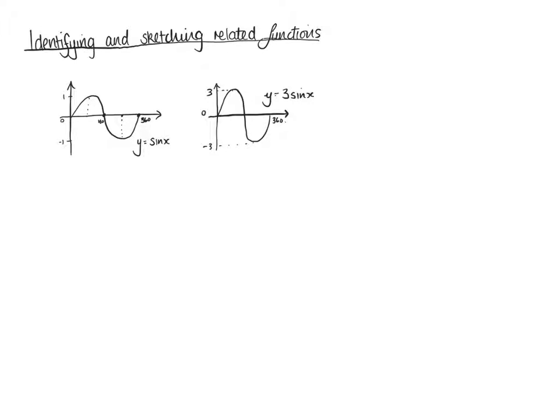And this is the same for every single graph, every function. And we can generalize that for a function. So if we've got y is equal to some amplitude a times a function, any function, could be sine x, could be cos x, could be x squared, what has happened is that it's stretched in the vertical axis.